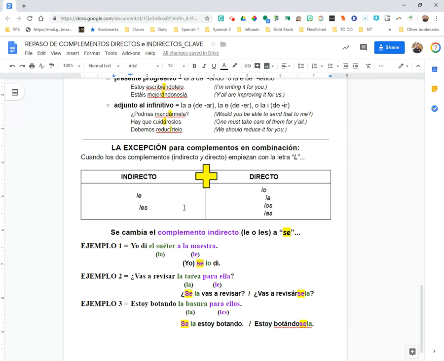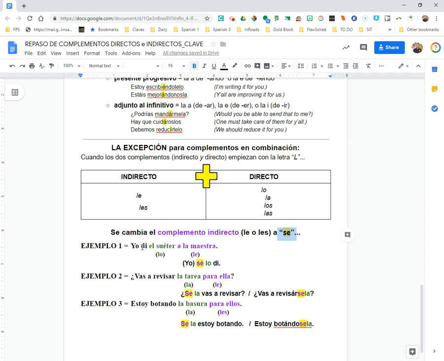There's one giant exception to this rule that you guys need to see. If you end up having an indirect object pronoun, le and les, followed by a direct object pronoun, lo, la, los, or las, you cannot say lelo, lela, lelos or lelas. It's impossible. So you're going to change any indirect pronoun to se.